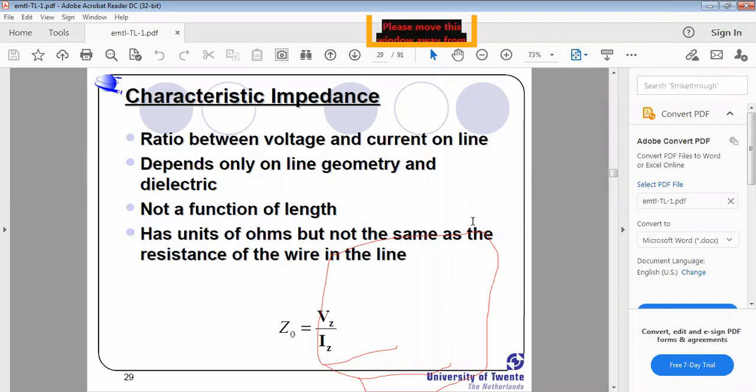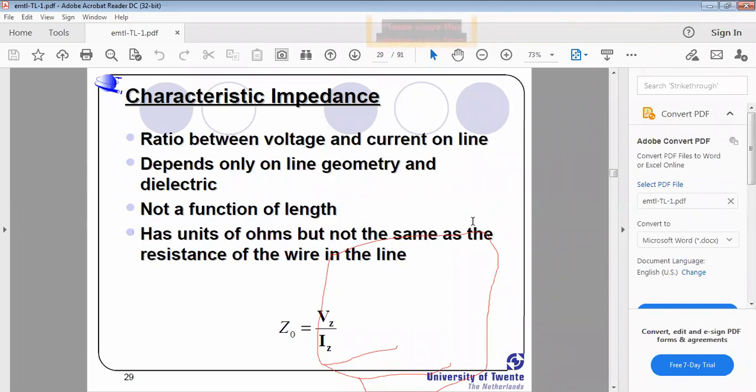When we consider the transmission line, here the lines are dealt with frequency components, not only DC. The AC component is also there, that is why we consider impedance.